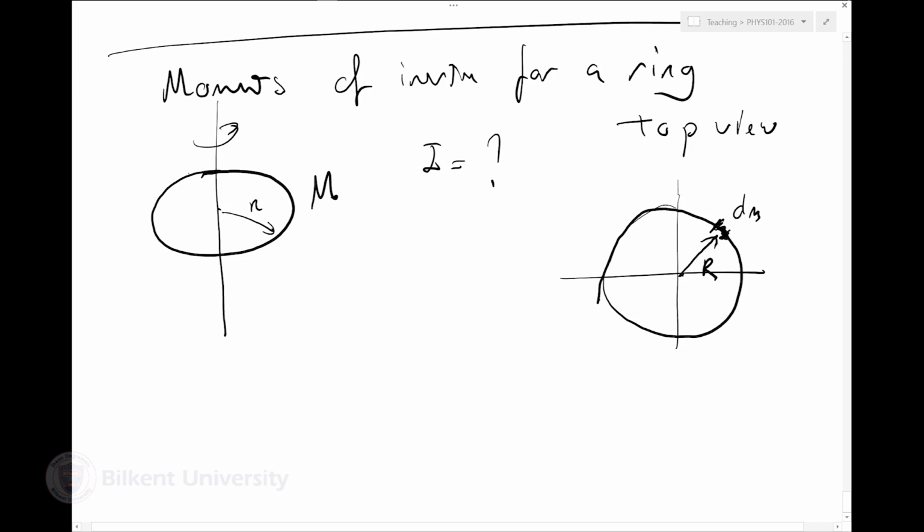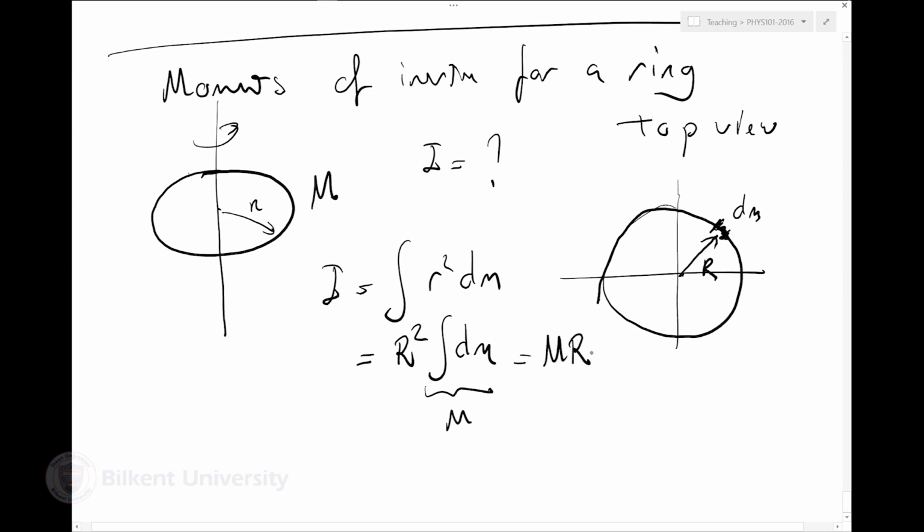Does it change with where I choose that dm? No. So integral r squared dm is essentially r squared times integral dm. It doesn't depend on where I choose my mass, right? That's excellent. What is integral dm? It's the total mass of my ring. So for a ring, moment of inertia is m times r squared.